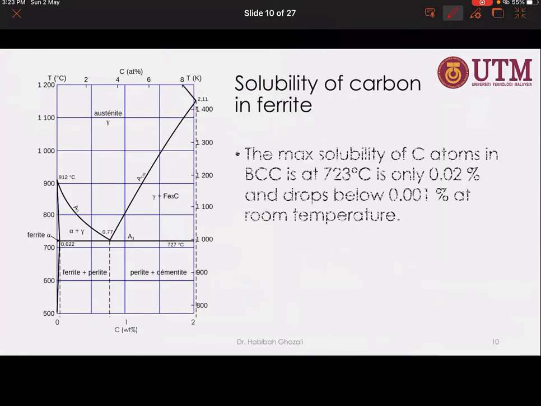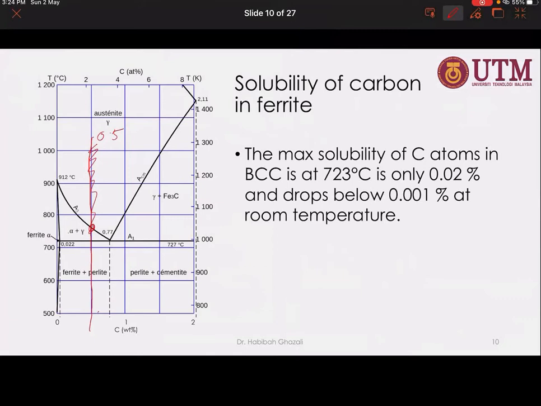Where's the 0.5? Let's say this is your alloy. Just now we talked about 0.5% carbon. From austenite, austenite forms ferrite.